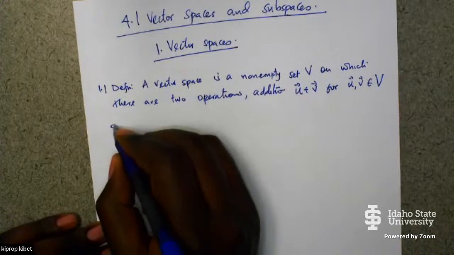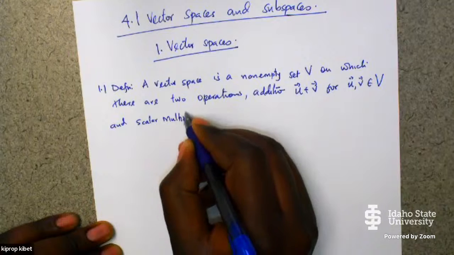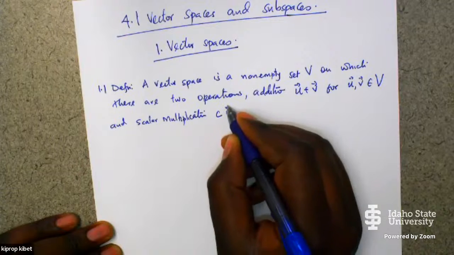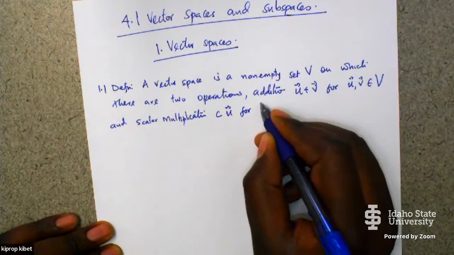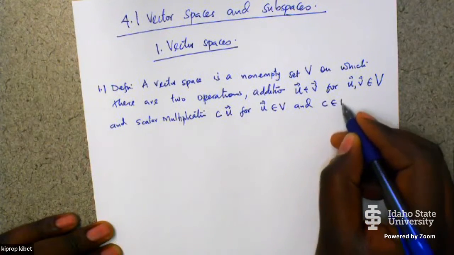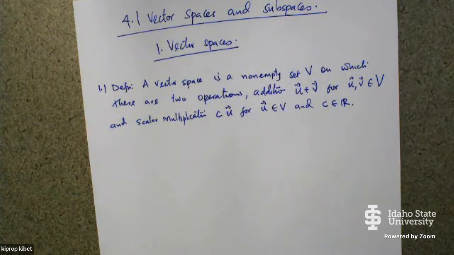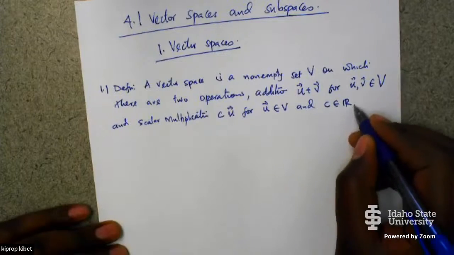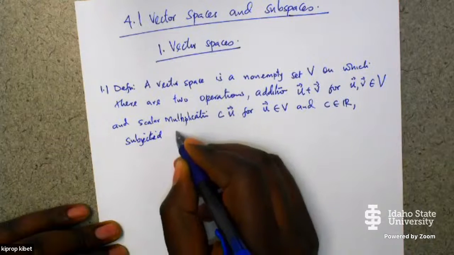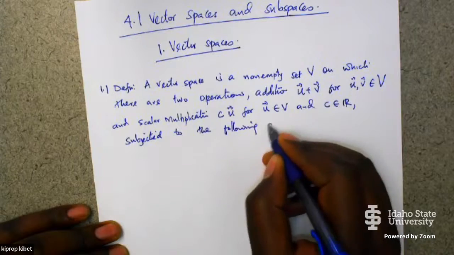And scalar multiplication, which is cu for u in V and c an element of the real numbers. This is subject to the following axioms.